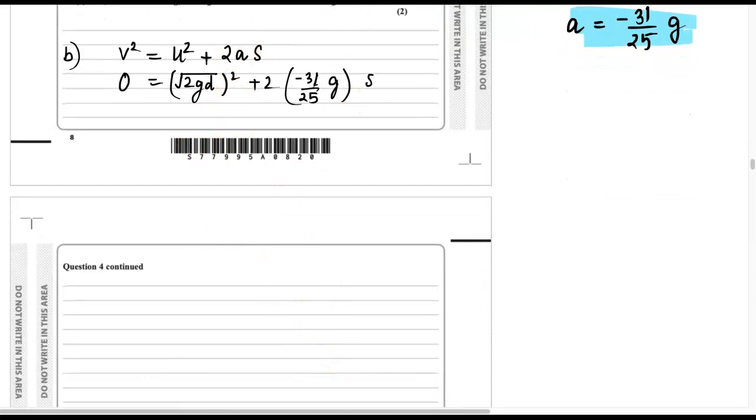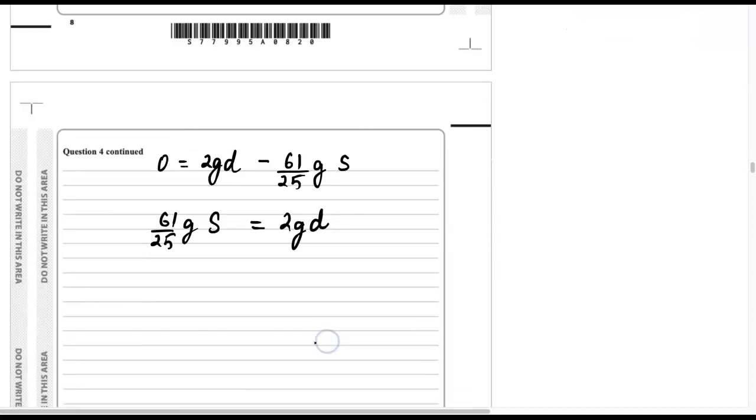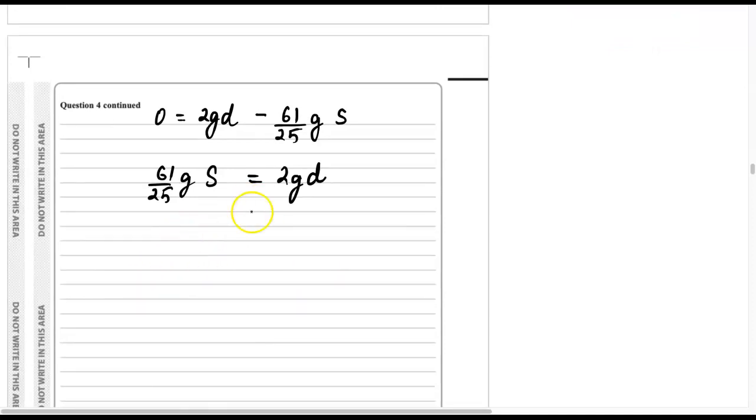So here we're going to be writing 0, which is equal to 2gd minus 61/25gs. If we move it there, we're going to be getting 61/25gs, that is equal to 2gd. We're going to be dividing by the left side thing.